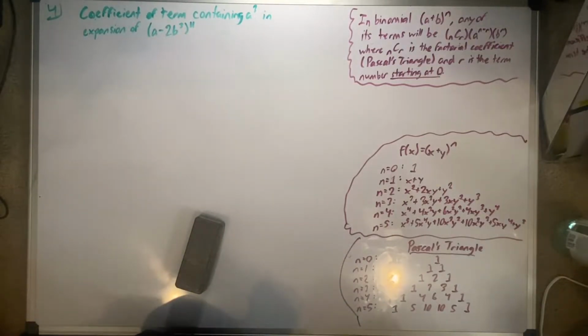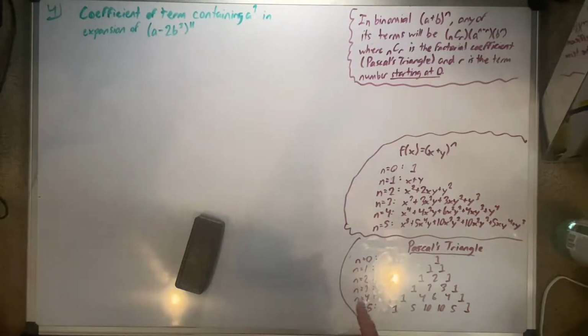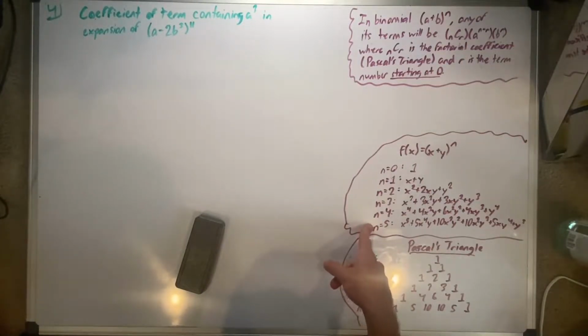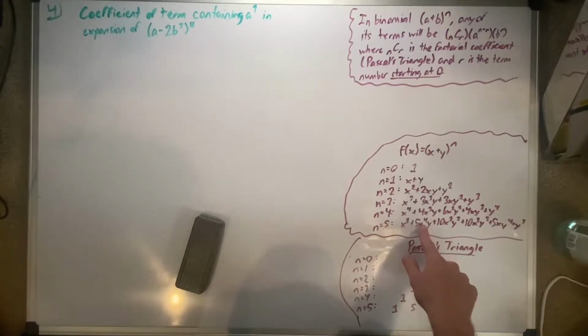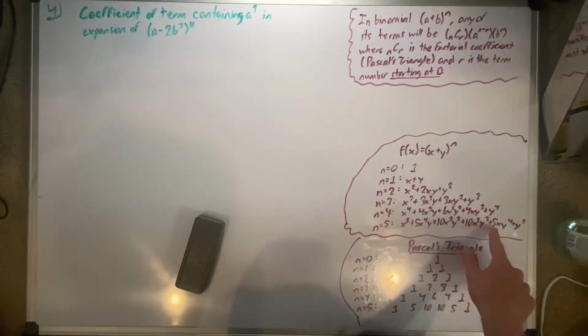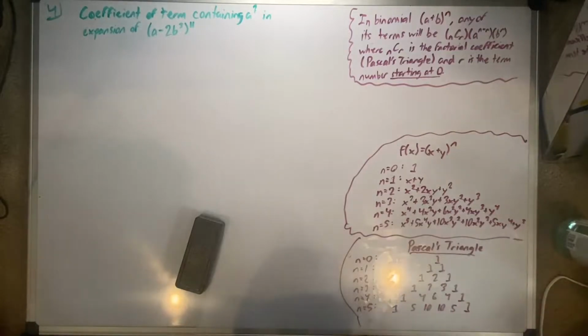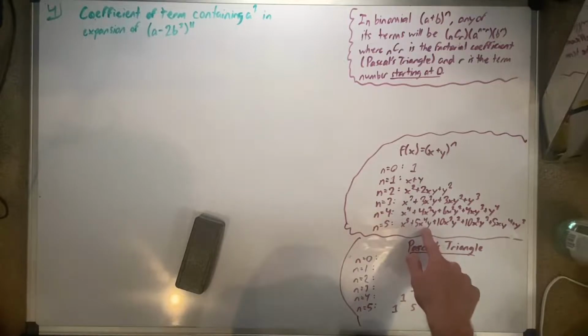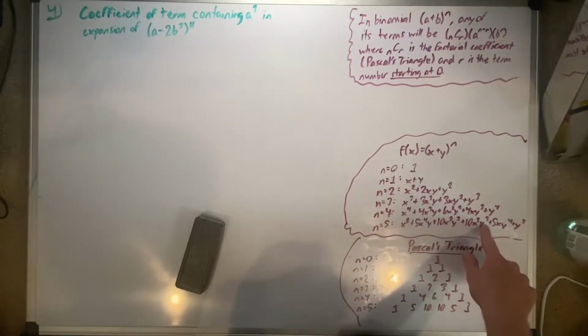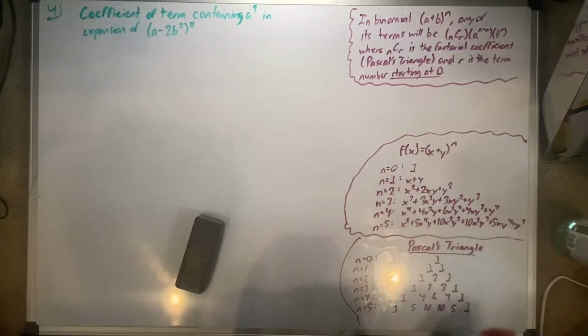So when we begin with everything, I'm going to use this example here to describe this. Let's say we start at this n equals 5 here. We'll start at 5 for x, go down to 4, to 3, to 2, to 1, to 0. If we look at the y's, it goes from 0 to 1 to 2 to 3 to 4 to 5.